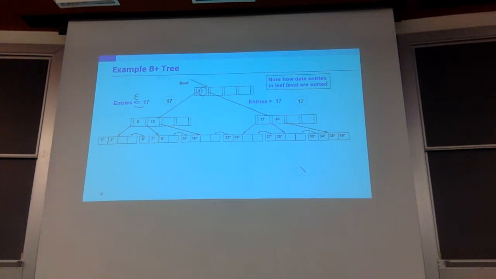But for the example here, we'll assume we have only unique keys, and we assume that everything on the left is a non-strict comparison, and everything on the right satisfies a strict comparison.